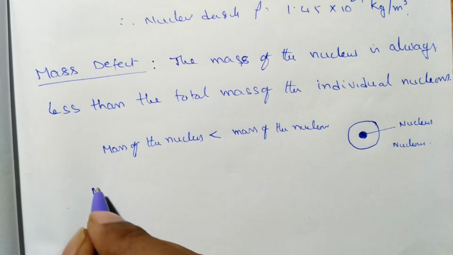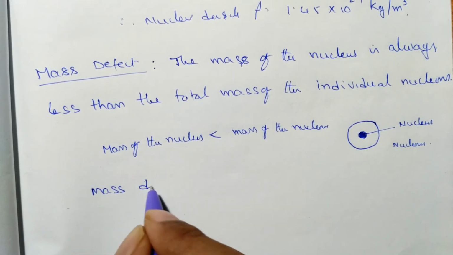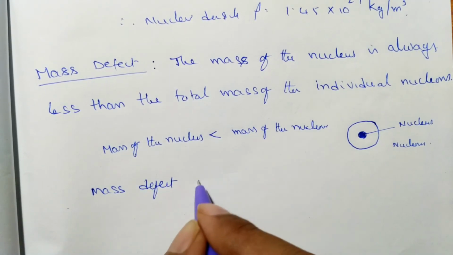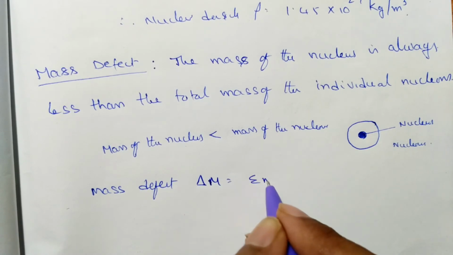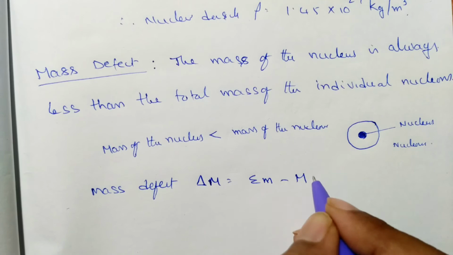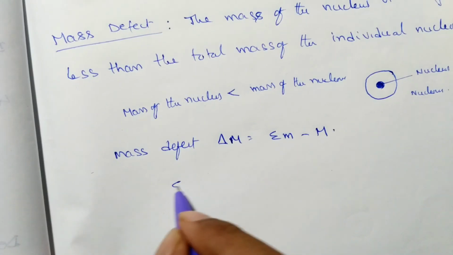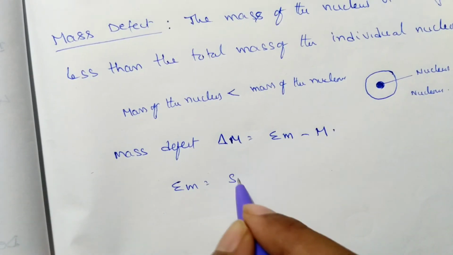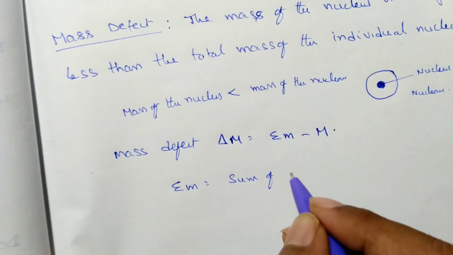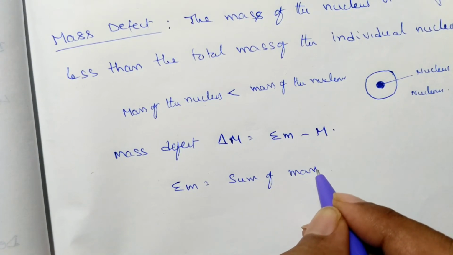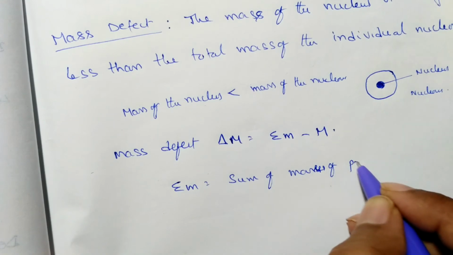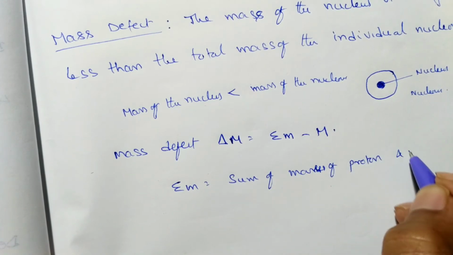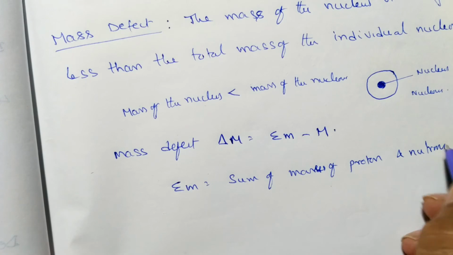So mass defect delta M is equal to sigma m minus M, where sigma small m means the sum of masses of protons and neutrons.